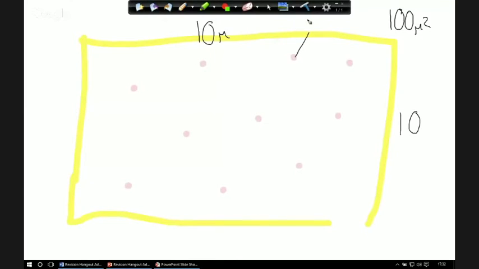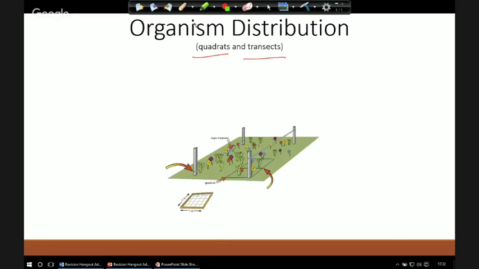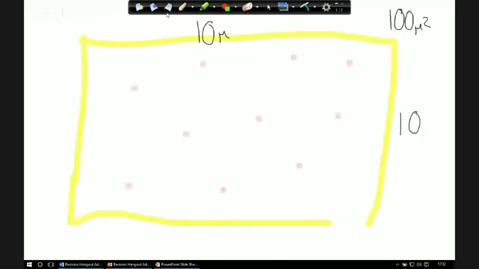Well, this would be how we would go about using a quadrat. A quadrat is essentially a 1 by 1 square, so it has an area of a square meter. And essentially what we do is we place our quadrat in given areas.